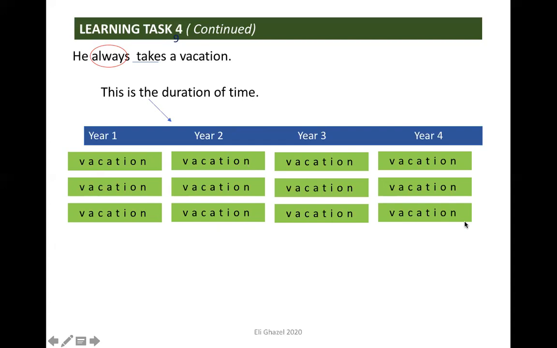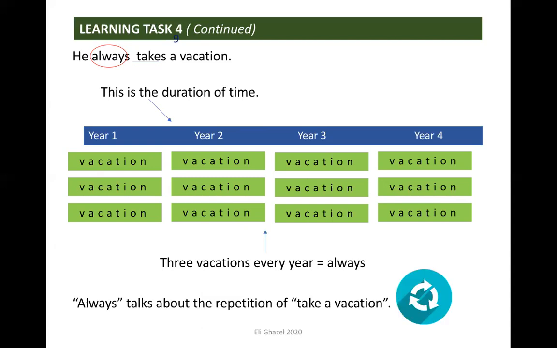So 3 vacations every year is always. But it's a relative always. It doesn't mean it takes up all your time, but every time you have an opportunity, you take it. So we would say, always talks about the repetition of the vacation.